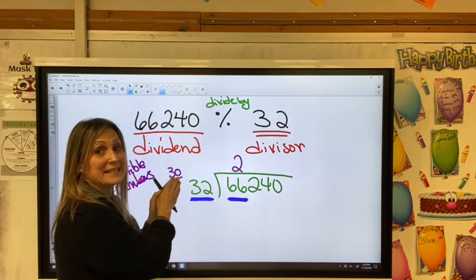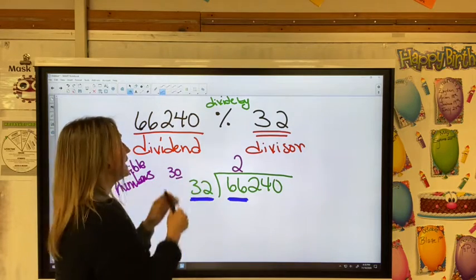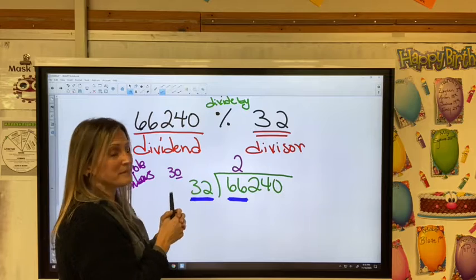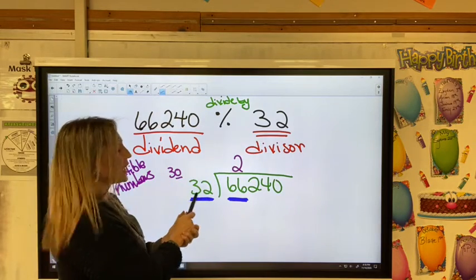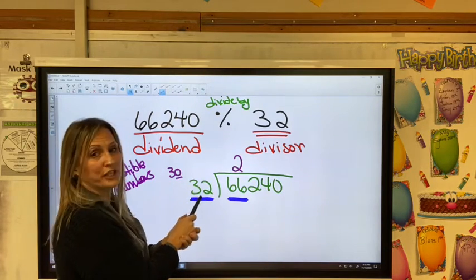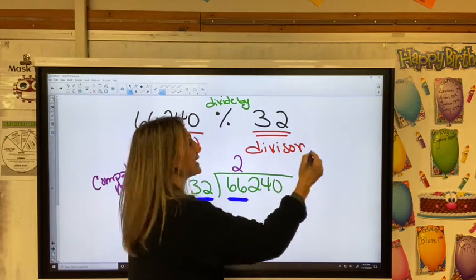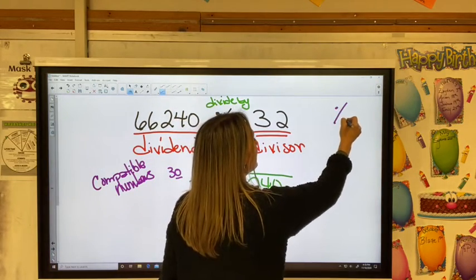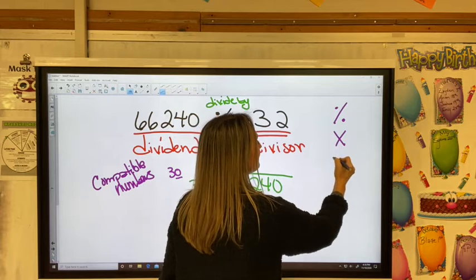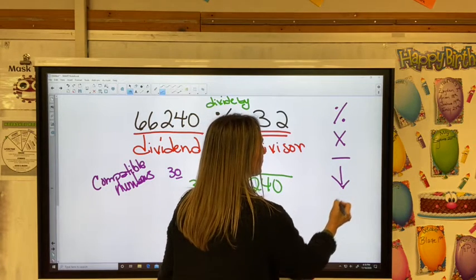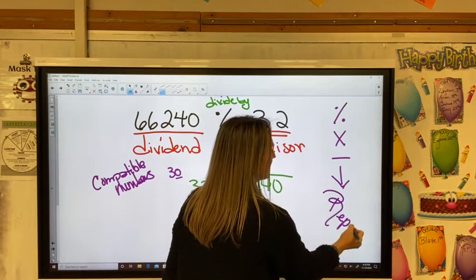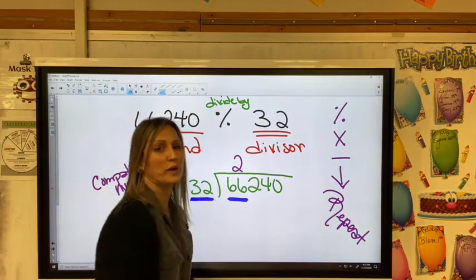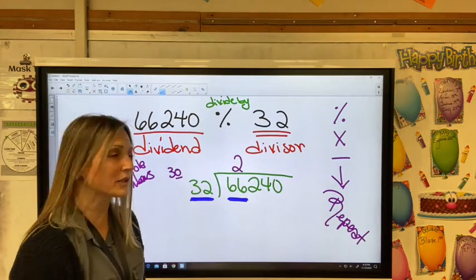I pretended that it was 30 to help me out, and it said it would go in there 2 times. And then I go back and I look at my actual number of 32. And this is where the process of divide, multiply, subtract, bring down, and repeat comes from. You probably learned that from your 4th grade teacher because that's who originally taught you long division.